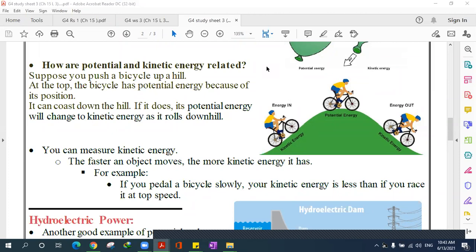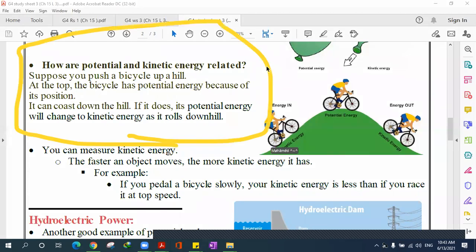Someone said, miss, the potential energy and the kinetic energy, you said they are related, right? I just said they are related.